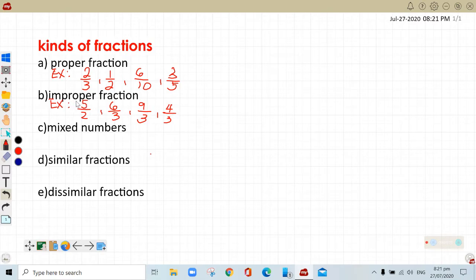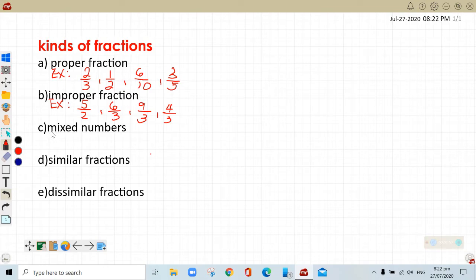As you can see, when you compare the numerator and the denominator, the numerator is bigger than the denominator. Even this one, 6 is bigger than 3, 9 is bigger than 3, 4 is bigger than 3. So in other words, improper fractions, when you look at it, mas malaki yung nasa taas, yung numerator, kaysa yung nasa baba na denominator. So that's the difference between proper and improper fractions.